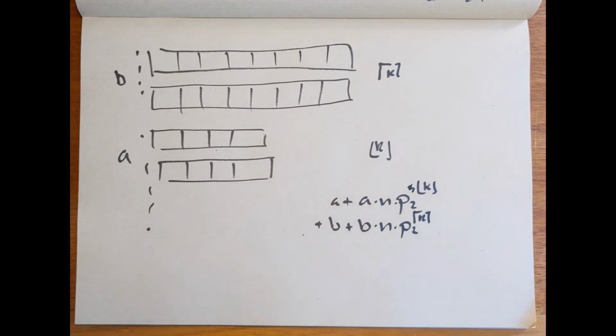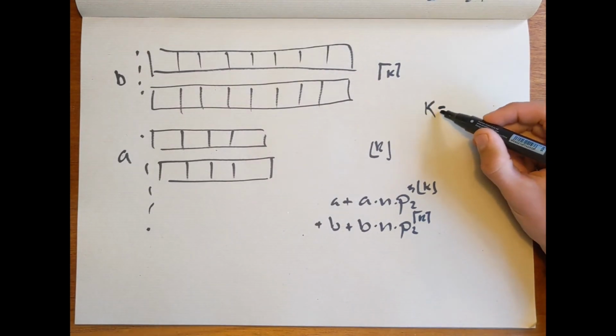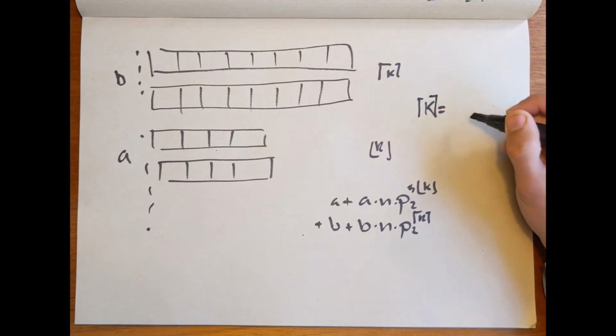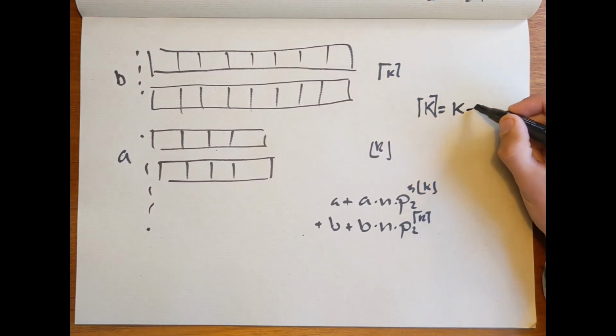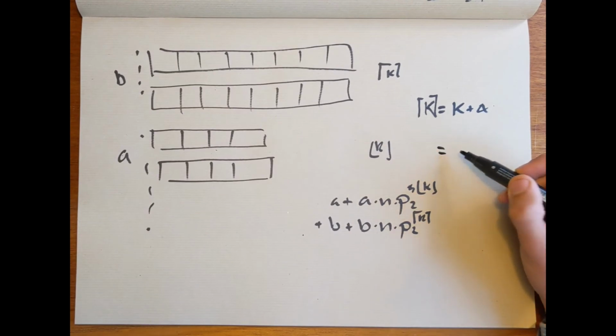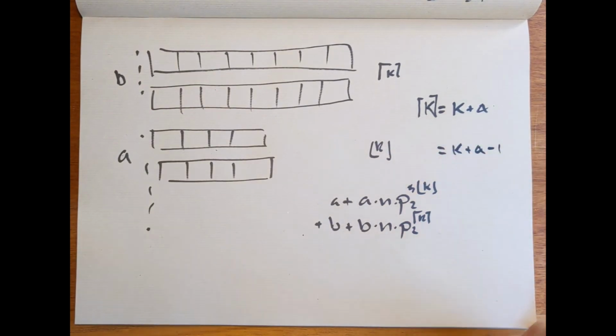There should not be a minus here. We're going to use the notation that k rounded up is equal to k plus alpha. So alpha is whatever separates k from being an integer. And that also means that k rounded down will be k plus alpha minus 1.